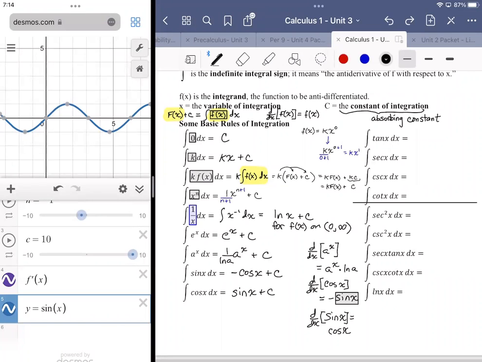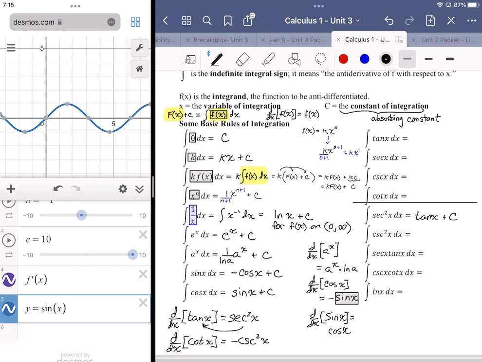So the derivative of tangent, I'm just going to jot this down here, happens to be secant squared. So the antiderivative of secant squared would be tangent. The derivative of cotangent is negative cosecant squared.